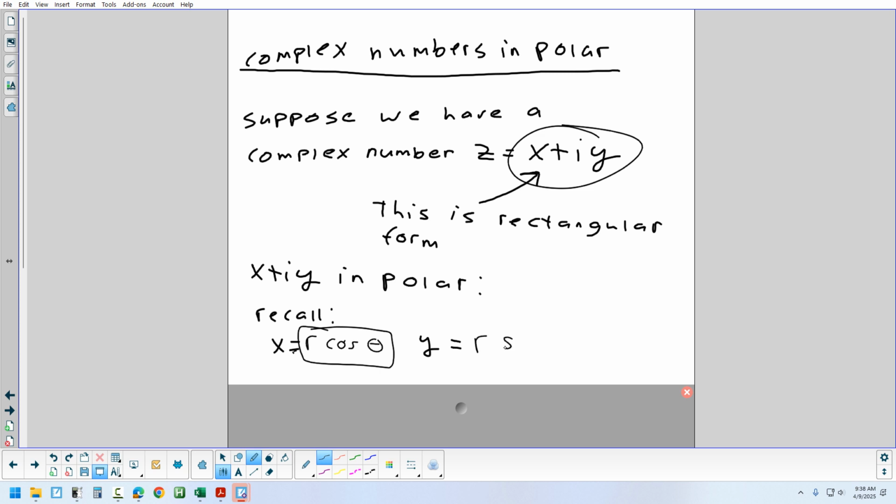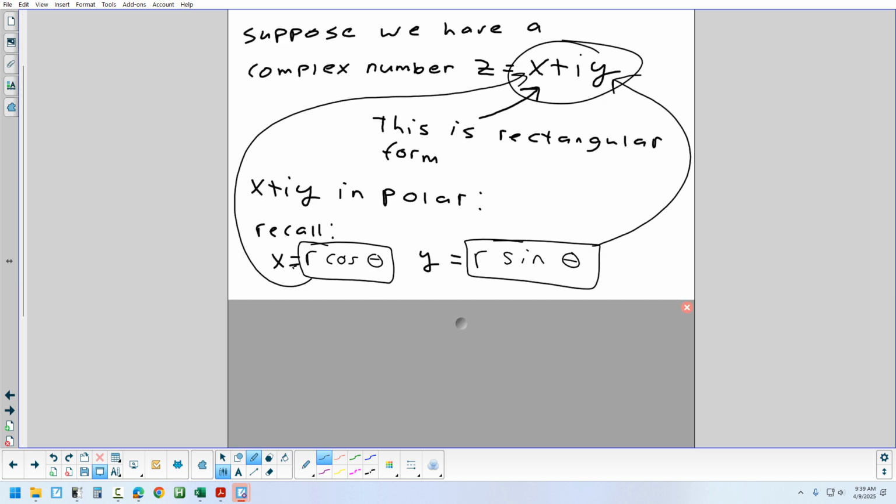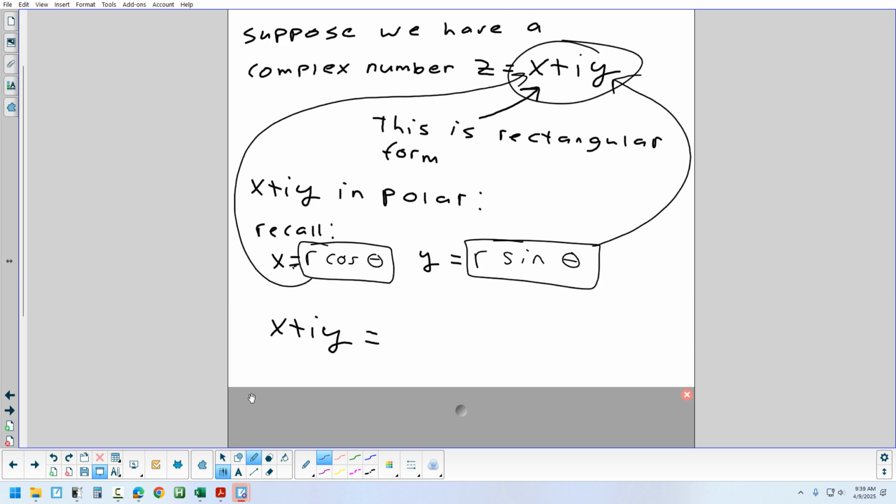So all you have to do to change a complex number to polar is, instead of writing X, fill in r cosine theta, and instead of writing Y, fill in r sine theta. You're filling in the same two formulas you already know.